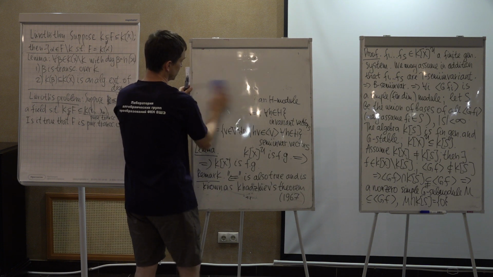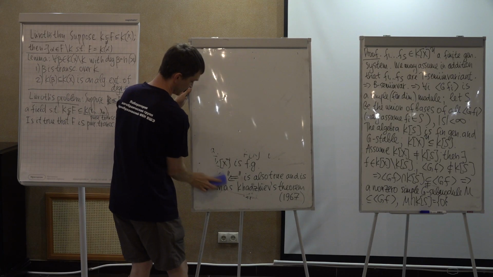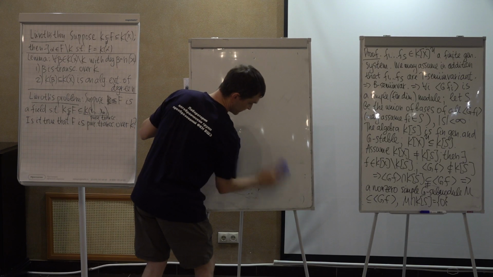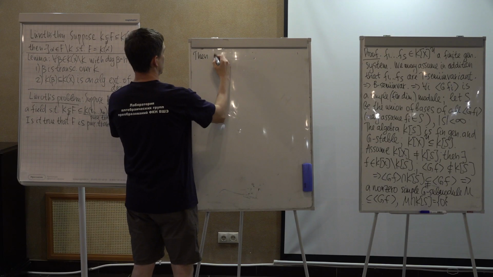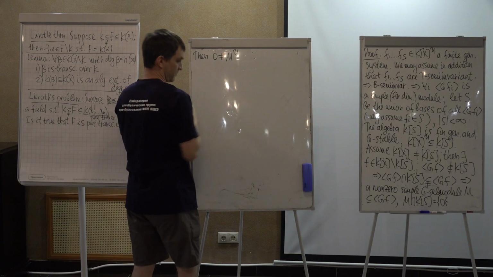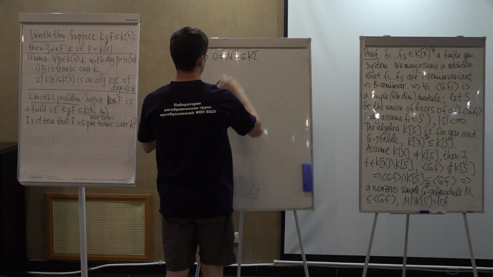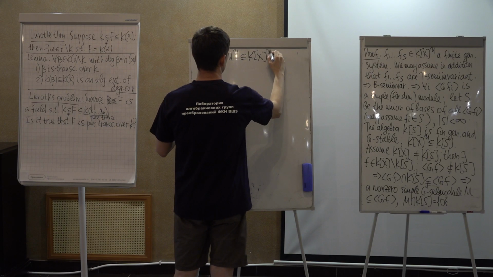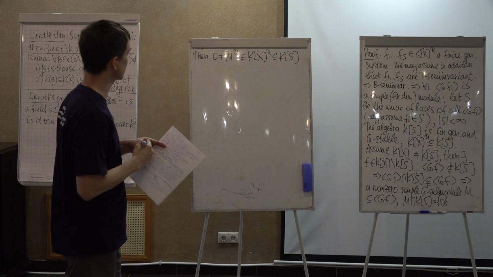Then we are almost done, because this module contains a highest weight vector which is invariant with respect to U. So it is contained in K[X]^U, which is contained in K[S].